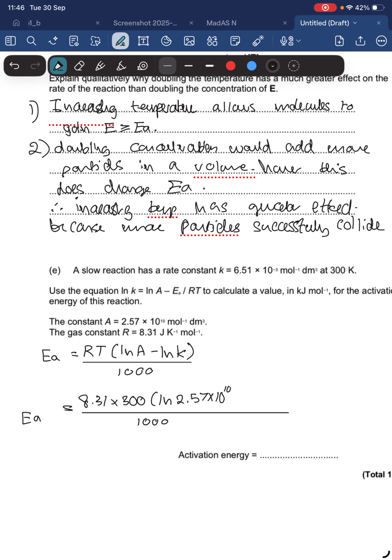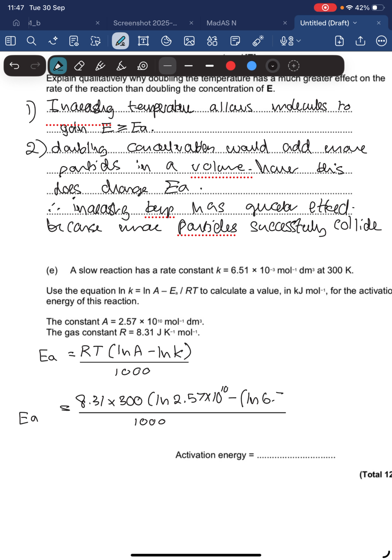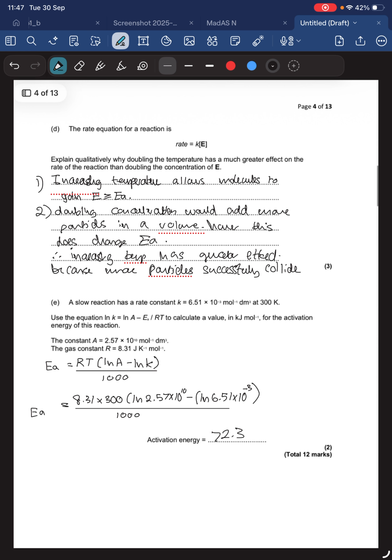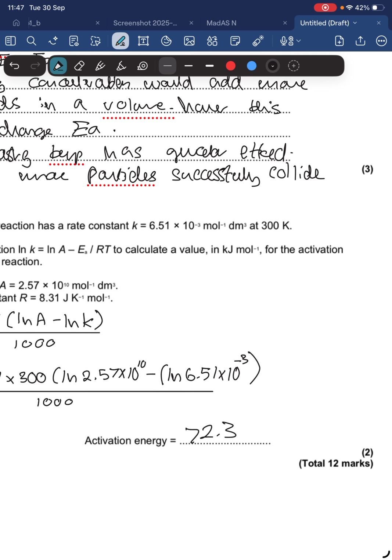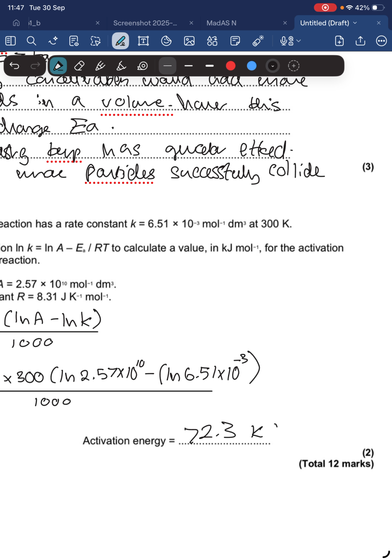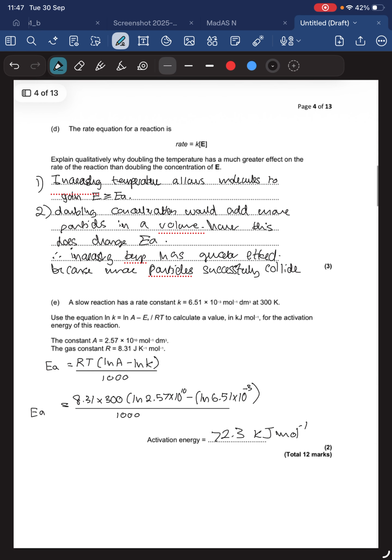And then that is minus ln 6.51 times 10 to the negative 3, which would give you 72.3. If you put that correct, that's what it should give you. Okay, so that's your activation energy. You could say this is kilojoules per mole. Okay, so that's your answer.